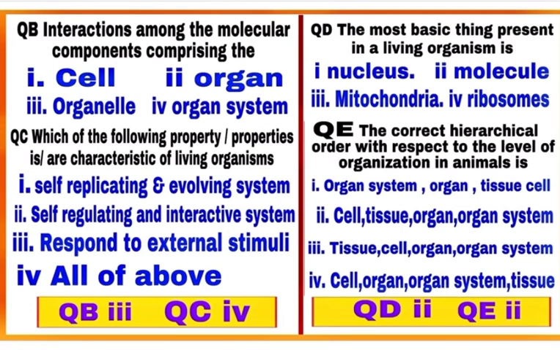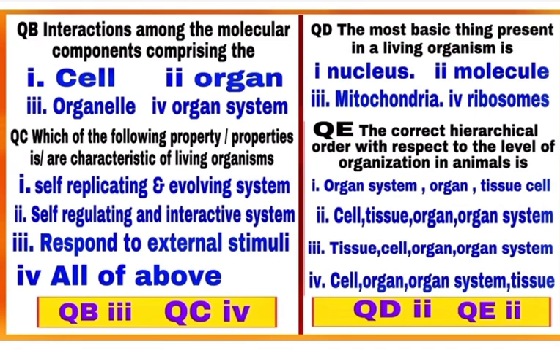Question C. Which of the following property or properties is or are characteristic of living organisms? Living organisms are self-replicating, evolving, self-regulating and interactive systems that respond to external stimuli. So, all these properties are characteristic of living system.